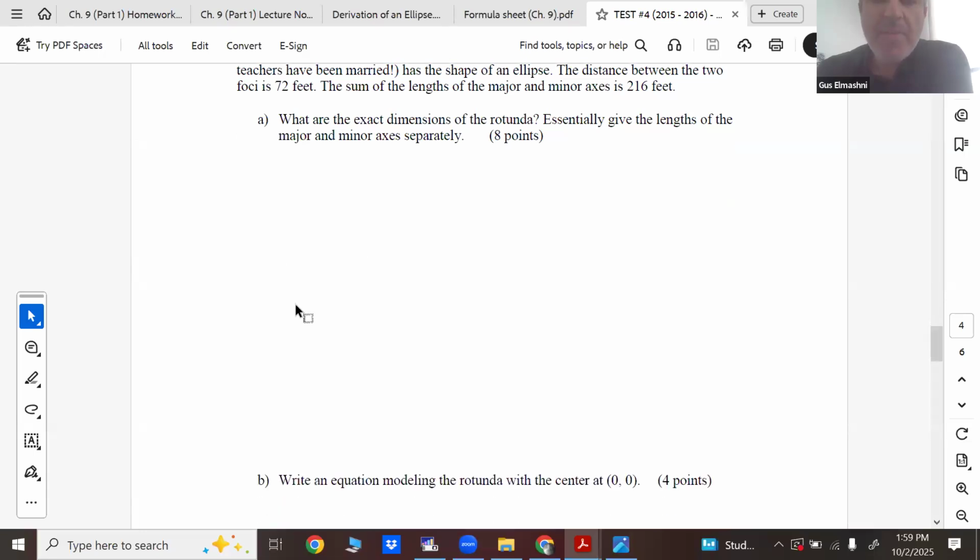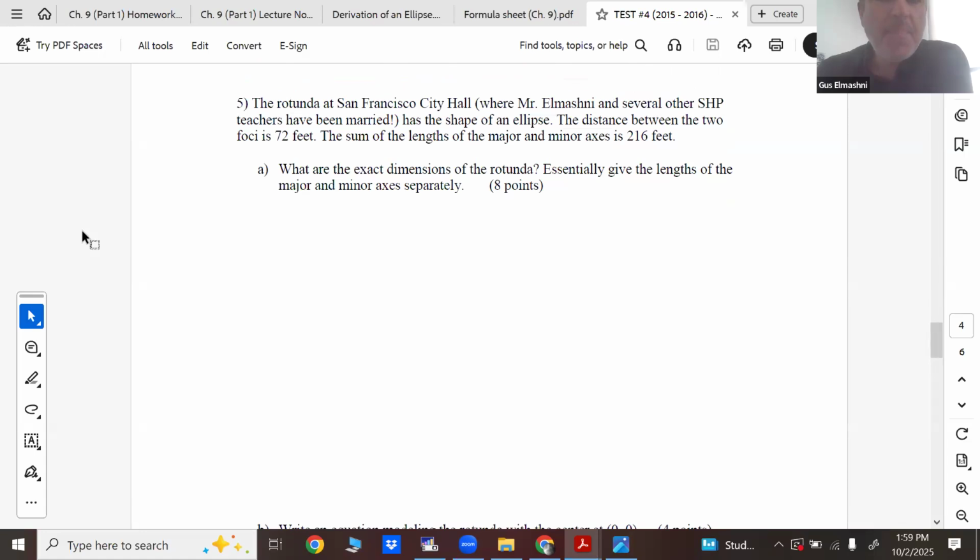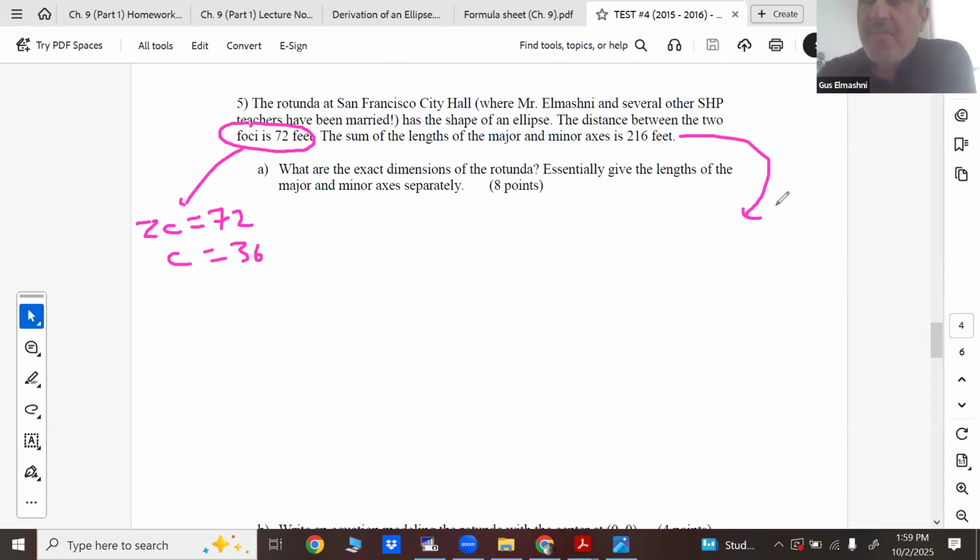So how do I go about solving that? The distance between the two foci is 72 feet. So 2c. Okay, the sum of the major and minor axes is 216. Or a plus b equals 108.